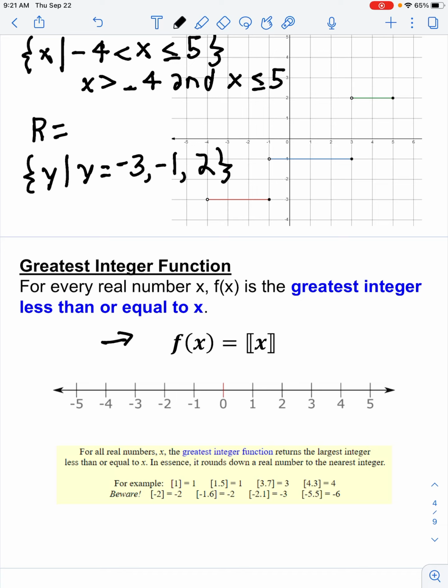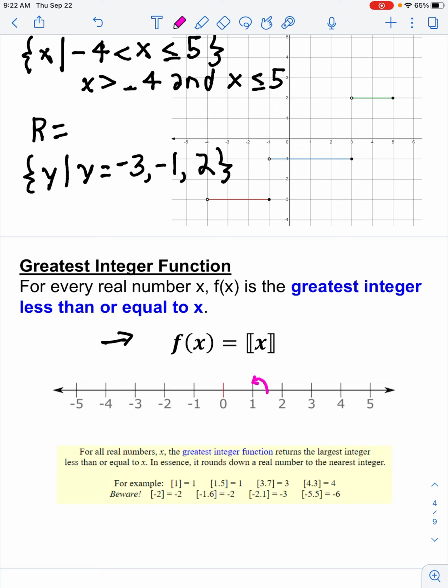So for example, you can see below, if I input a +1, the greatest integer less than or equal to 1 is 1. But if I input 1.5, which on a number line is right about here, the greatest integer less than or equal to 1.5 is also 1.